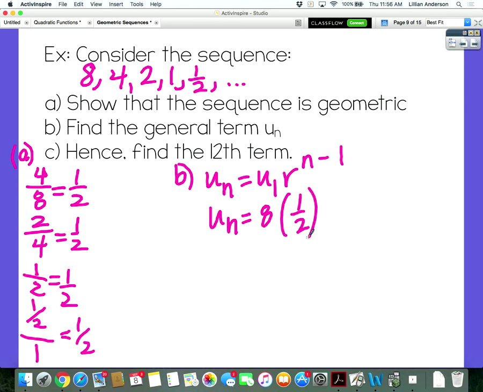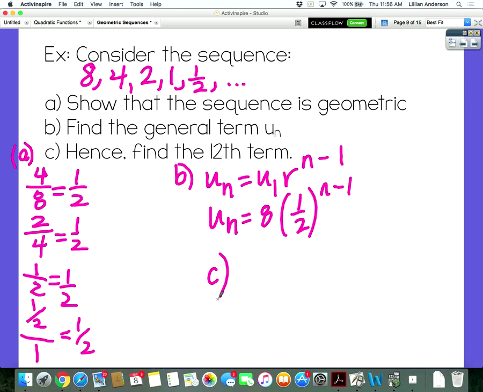That dot means something completely different. And then raised to the n minus 1. Do not multiply u sub 1 and r together to get 4. That is incorrect, okay? You're only raising your common ratio to the n minus 1 power and multiplying that by 8. So once you get here, that's it. You're done. Okay? No combining like terms, no extra stuff like you have to do for arithmetic. That's it. You're done.